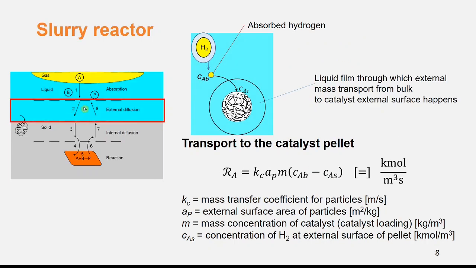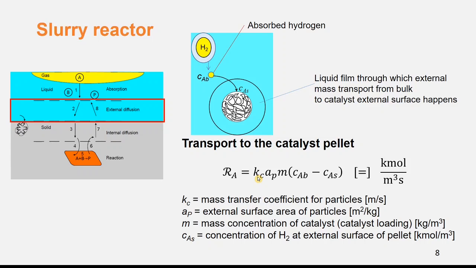Step 2 is external diffusion. This is the diffusion of A in the bulk liquid phase to the surface of the catalyst pellet. This diffusion is also through a liquid film around the catalyst pellet. The rate of mass transport is now defined as capital RA is equal to Kc, the mass transfer coefficient for external diffusion, the same one we had in topic 4.